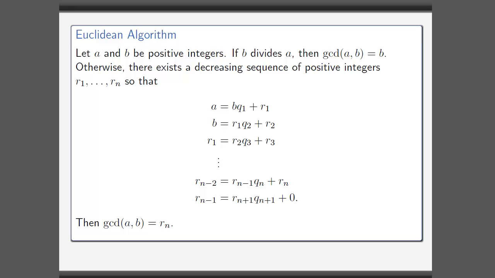We let a and b be positive integers, and then if b divides a, then of course their greatest common divisor is b, but otherwise there exists a decreasing sequence of positive integers, r1 through rn, that are remainders when we do long division, so perform the division algorithm repeatedly, and eventually when we do division enough times, we finally get down to a remainder of 0, and that last nonzero remainder term, r sub n, is the greatest common divisor of a and b.